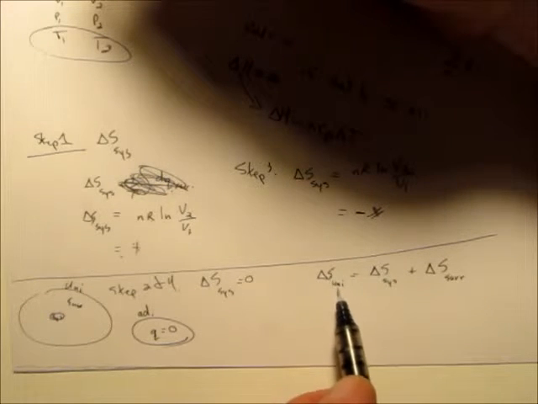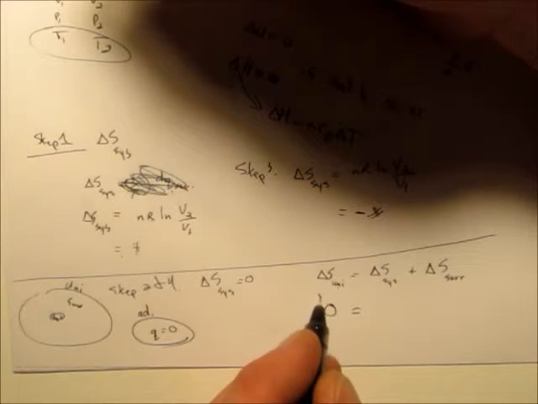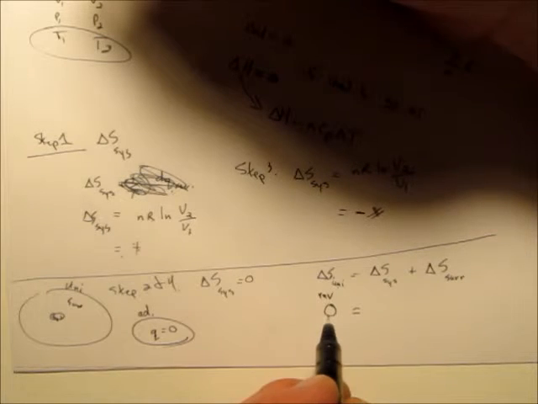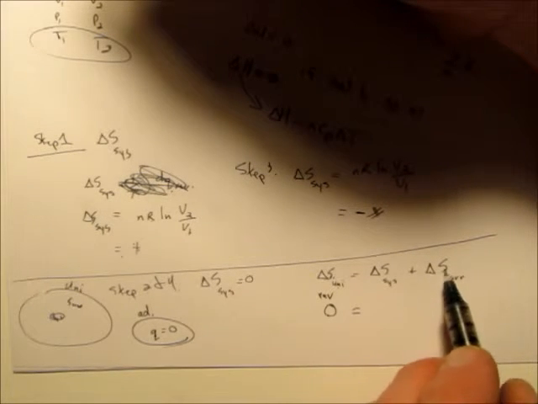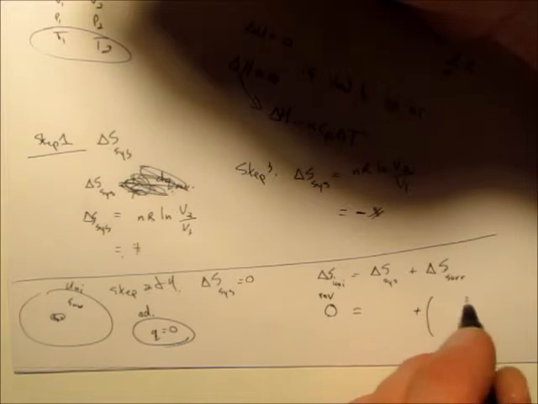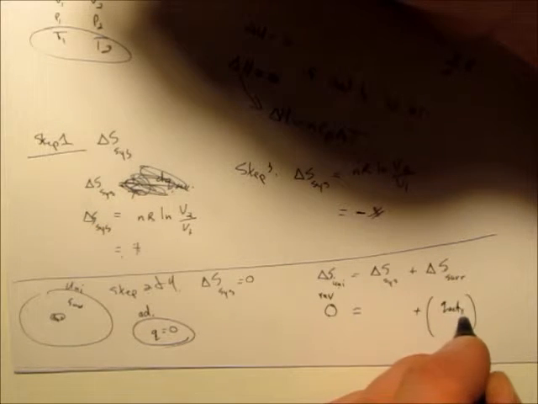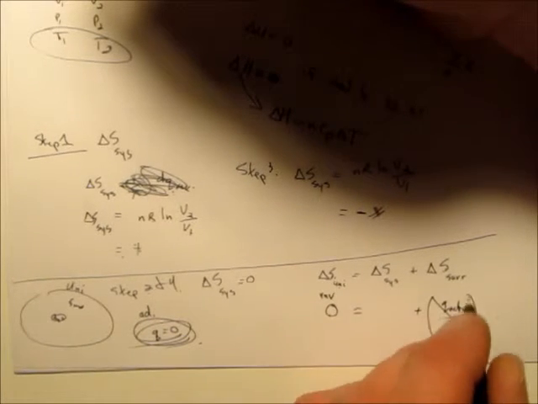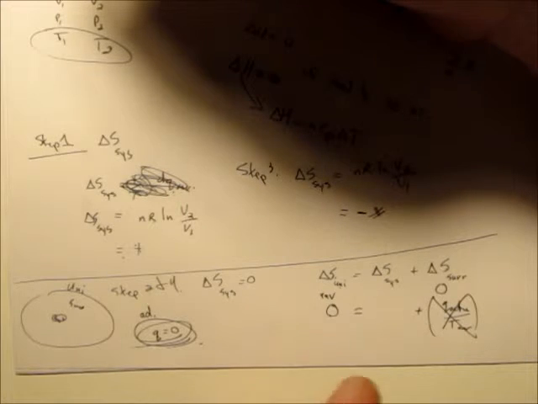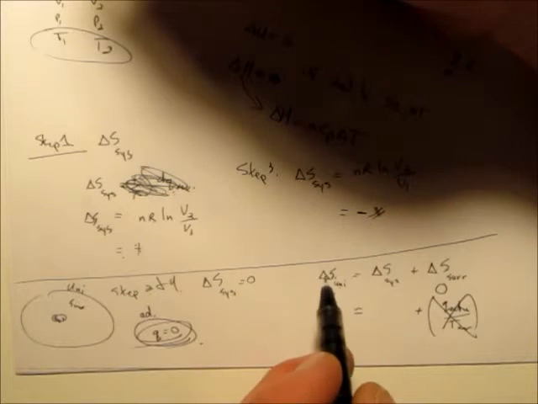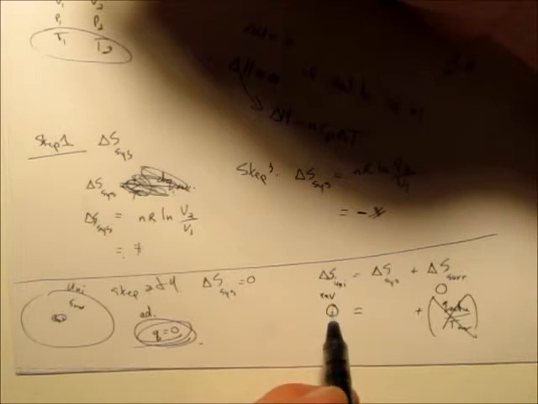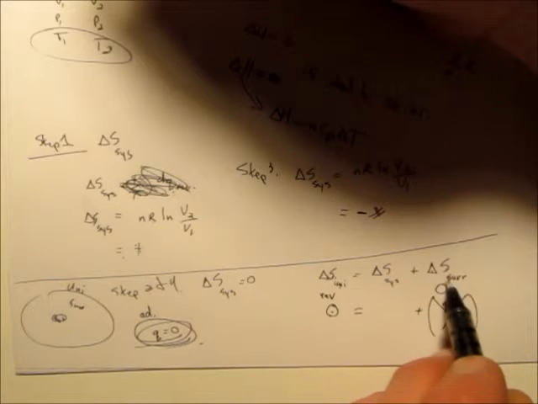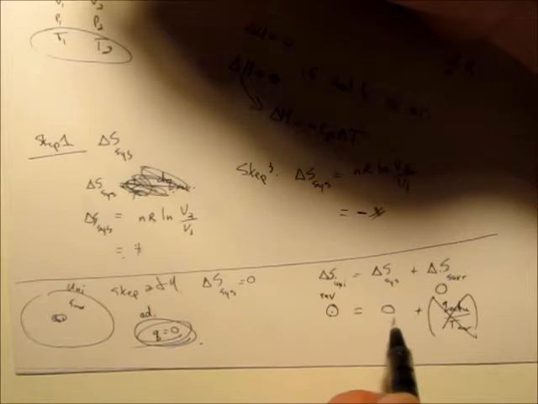The change in entropy of the universe is 0 because it's a reversible process. The change in entropy of the surroundings is the actual heat of the process divided by the surrounding temperature. What was the actual heat transferred for adiabatic steps to the surroundings? 0. So this is 0, and if this is 0, the system's has to be 0 by default.